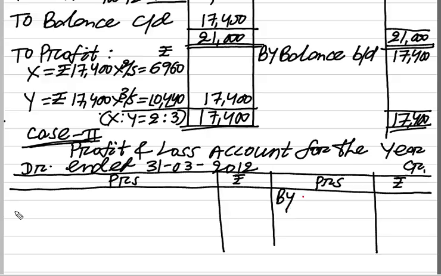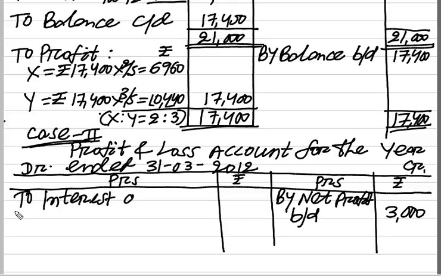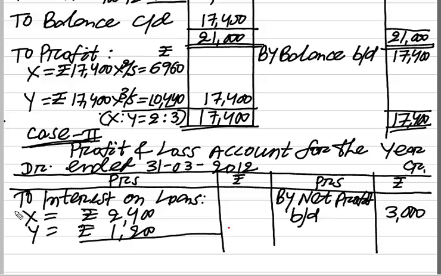By net profit brought down, the amount of profit will be 3000 as given in the question, and to interest on loans for X and for Y, as we have already seen above, it is 2400 for X and 1200 for Y. This is 3600.